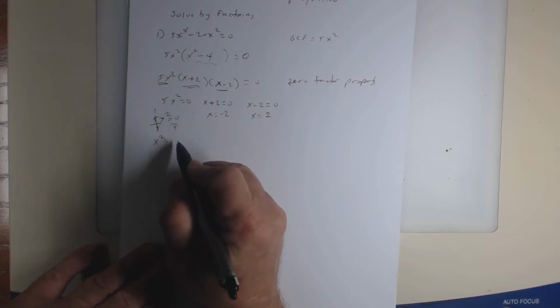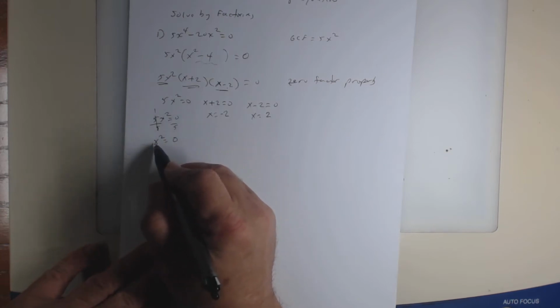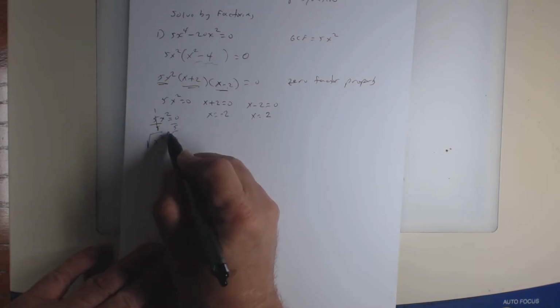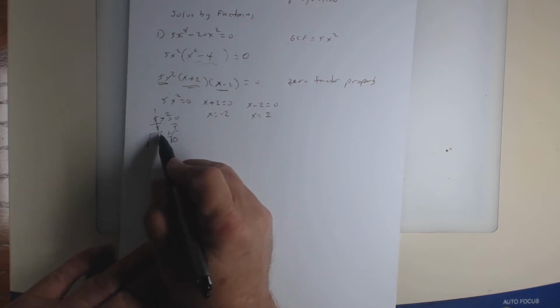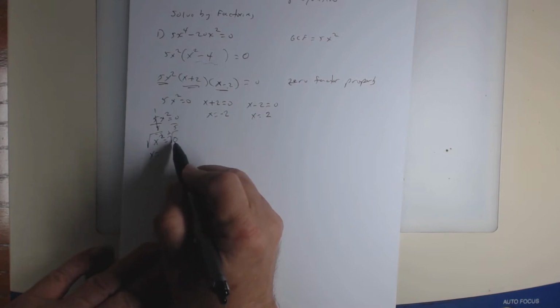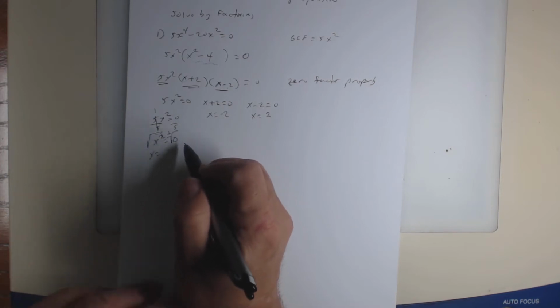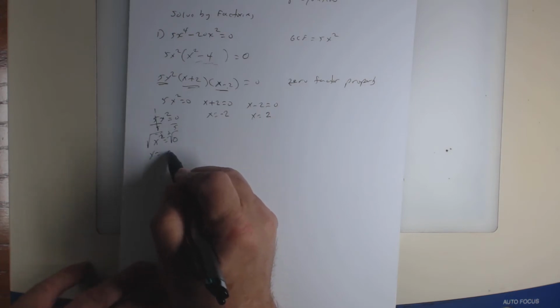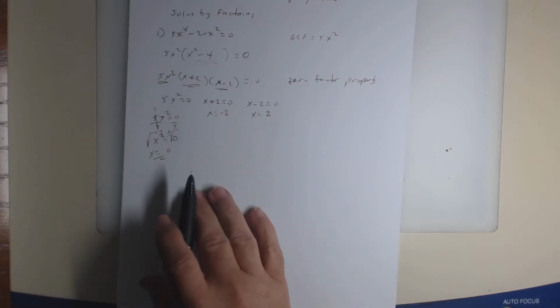What's 0 divided by 5? And then to get x by itself, right now I'm squaring. What's the opposite? Square rooting, plus or minus. And so I get x equals, what's the square root of 0? But positive 0, negative 0 is still what? 0. So there are your three solutions.